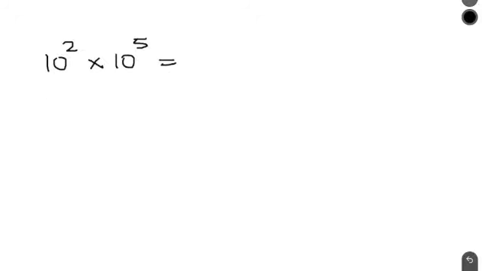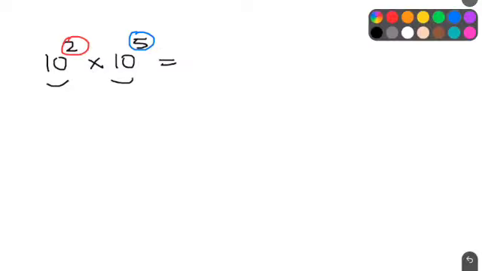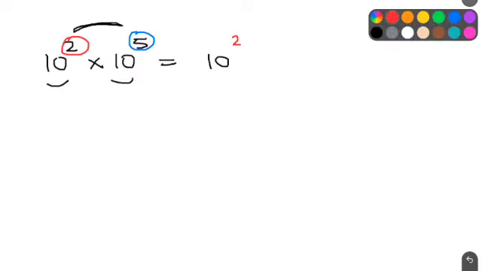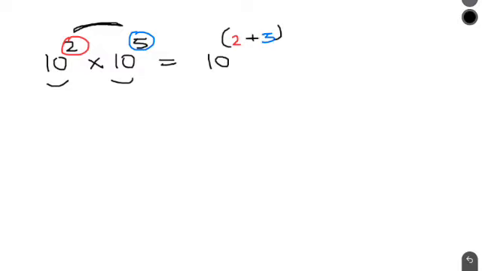Anytime we multiply powers of 10 with different exponents, what we end up doing is keeping the 10, or in this case the base, and we simply add the exponents. So in this case it would be 2 plus 5. So it would be 10 to the power of 2 plus 5, and we know 2 plus 5 is equal to 7.